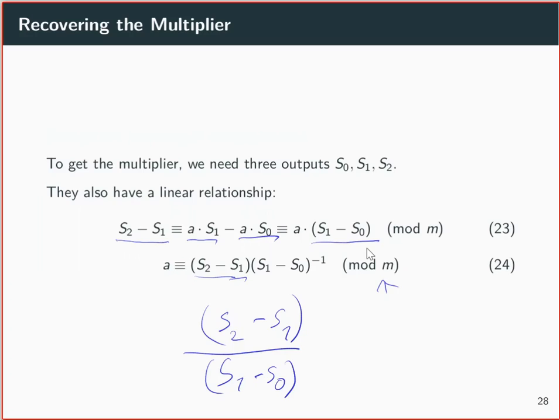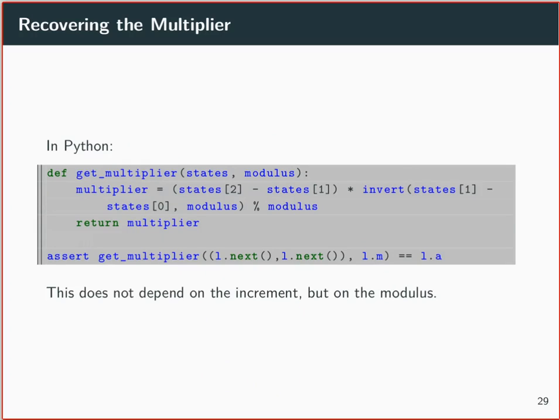And then we have found A, just given 3 outputs. There's a Python function implementing exactly that. Just taking those 2 states, subtracting them, dividing them by the subtraction of those 2 states, taking modulus, and we have found A, or the multiplier.